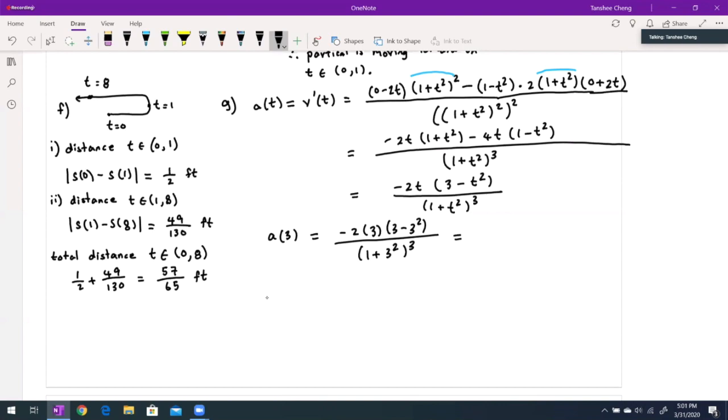When you evaluate this using your calculator, that should give you 9 over 250. And since this is acceleration, this would be feet per second squared. Any questions before I move any further from here?